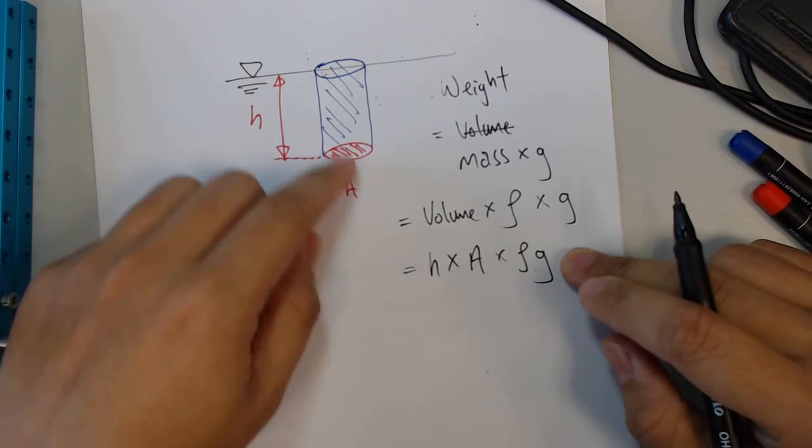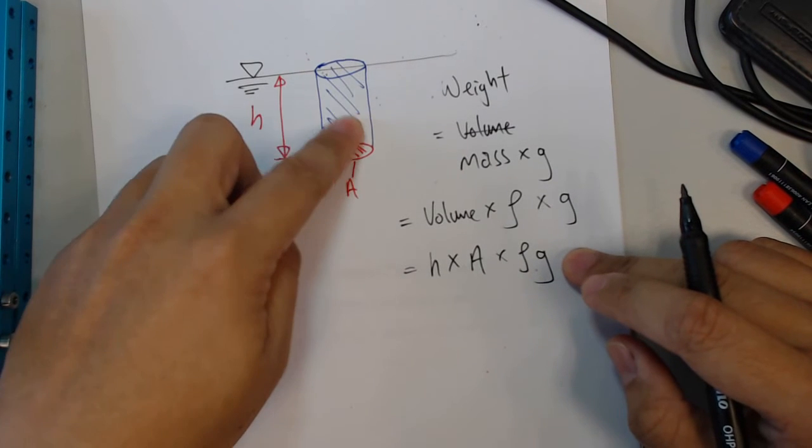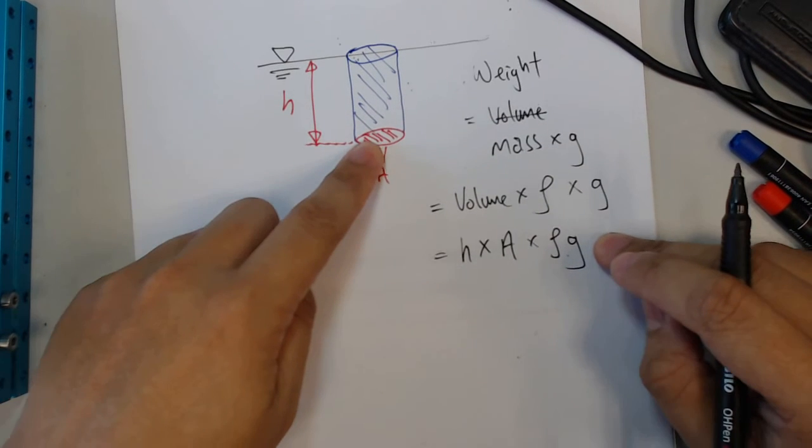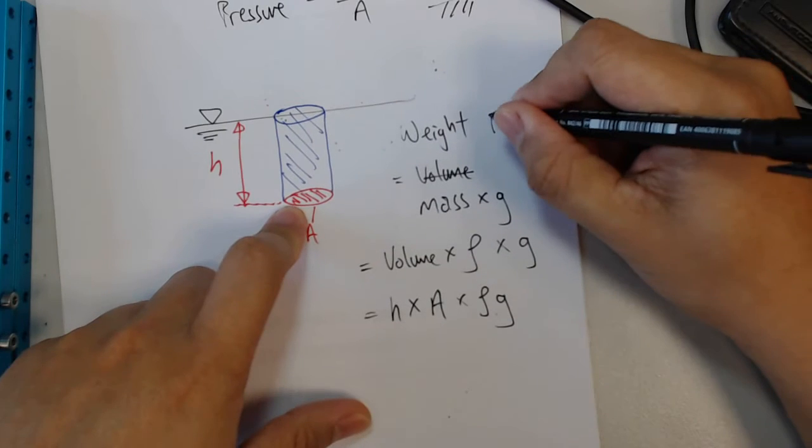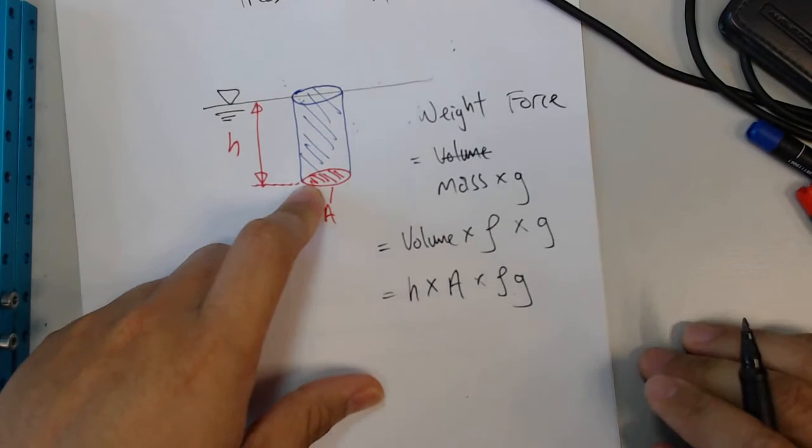So this is the total weight of the cylindrical volume of liquid that is acting on A, and this is actually a weight force.